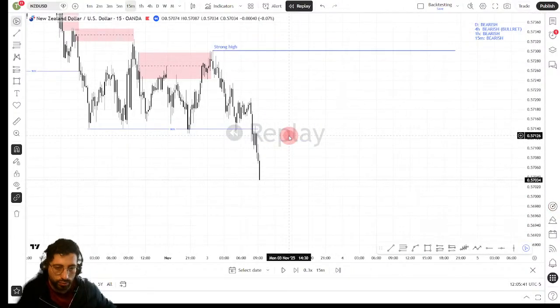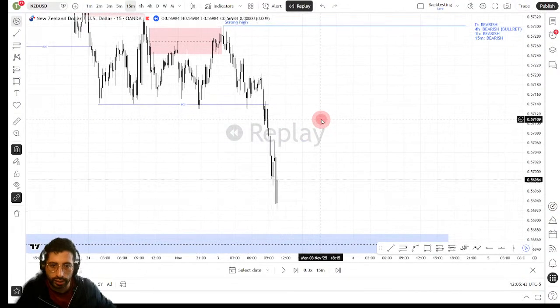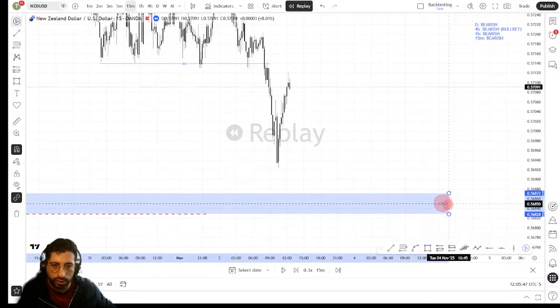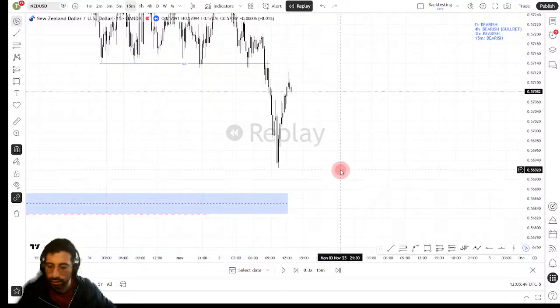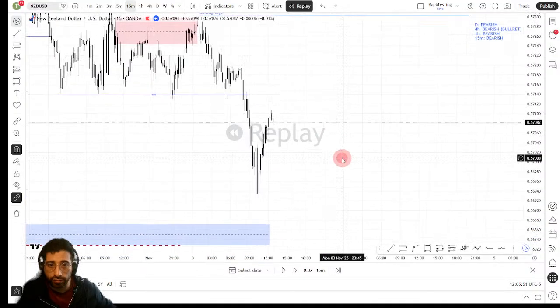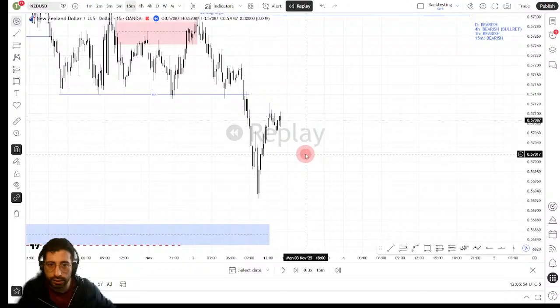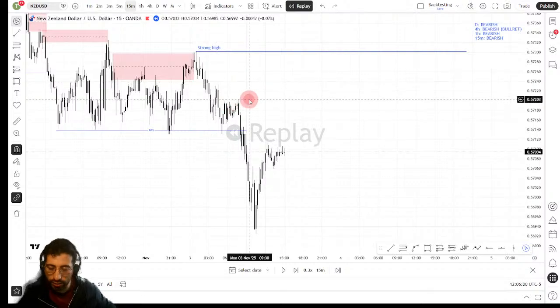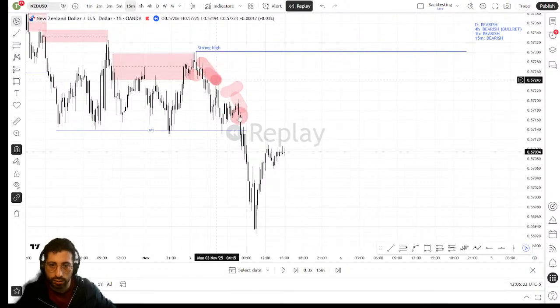Let's keep moving. It went down. It has gone down. Okay, and the price gets to this. Now it's doing a certain retracement movement, but let's see. Would one of these highs become a strong high? I mean, these ones, this one, this one. No, they're not.